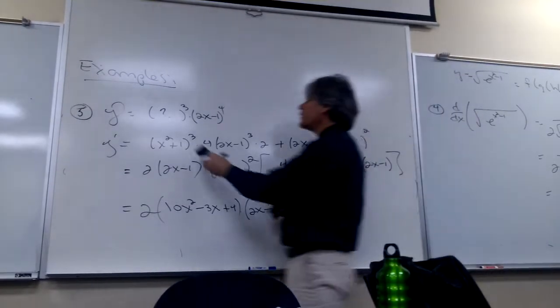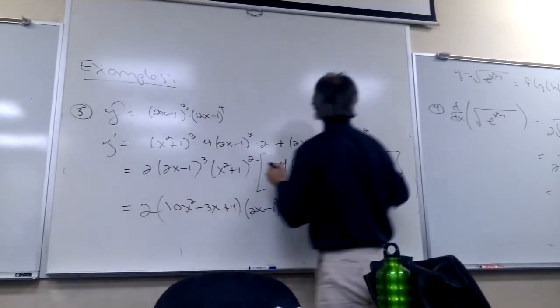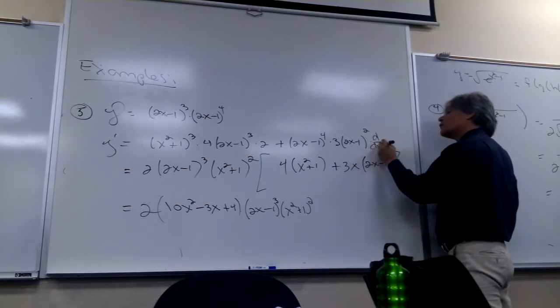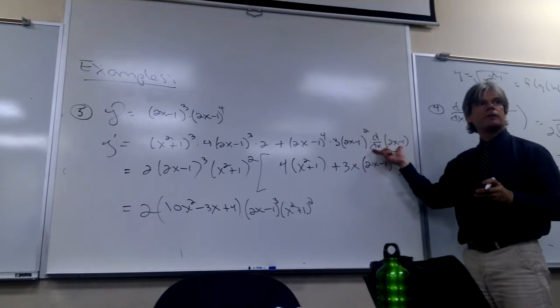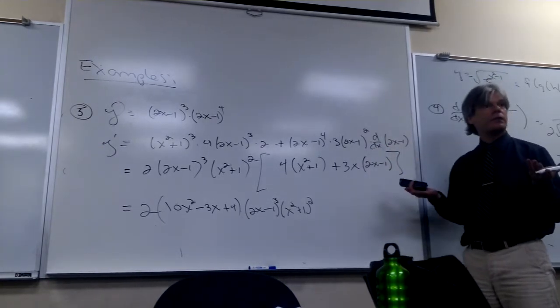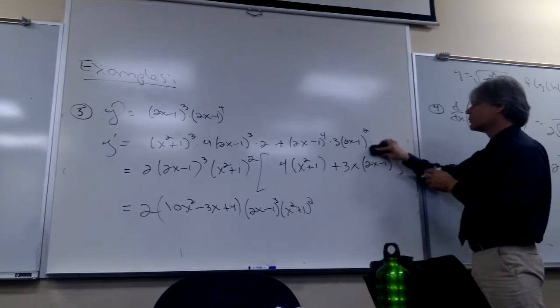It's just that the question mark happened to be a whole other function, call it g of x, call it 2x minus 1. I think the chain rule says I got to multiply that by the derivative with respect to x of the innermost function. This really is my g prime of x. It's just the derivative of 2x minus 1 is just simply 2. So I called it such.